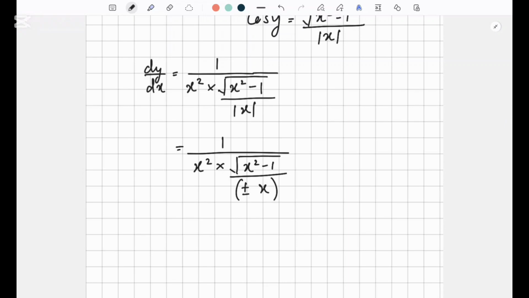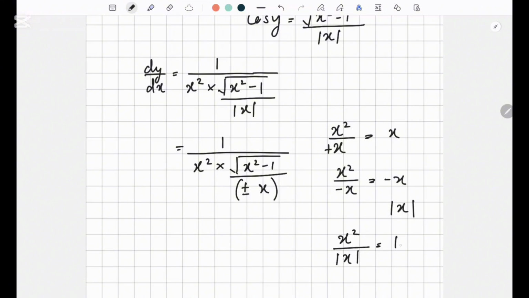So modulus x is plus or minus x, right? So now if I divide x squared by x, I get x. If I divide x squared by minus x, I get minus x. Right? Can you see? It's again going to be modulus x, right? So basically, x squared divided by modulus x is modulus x. You get the same thing.